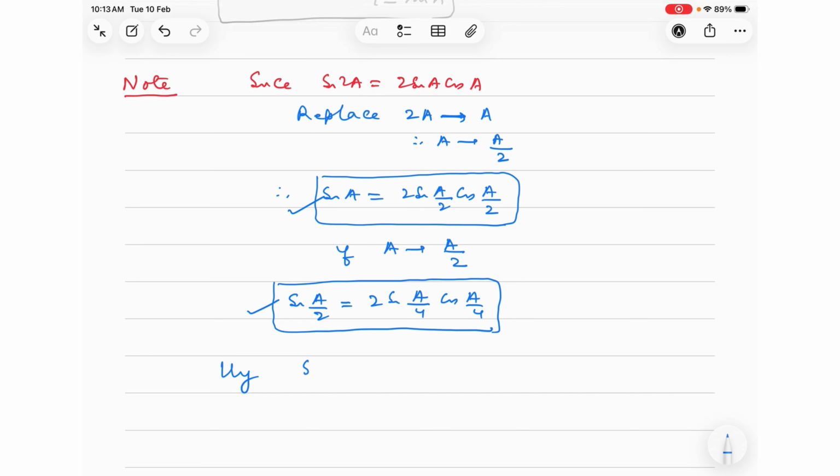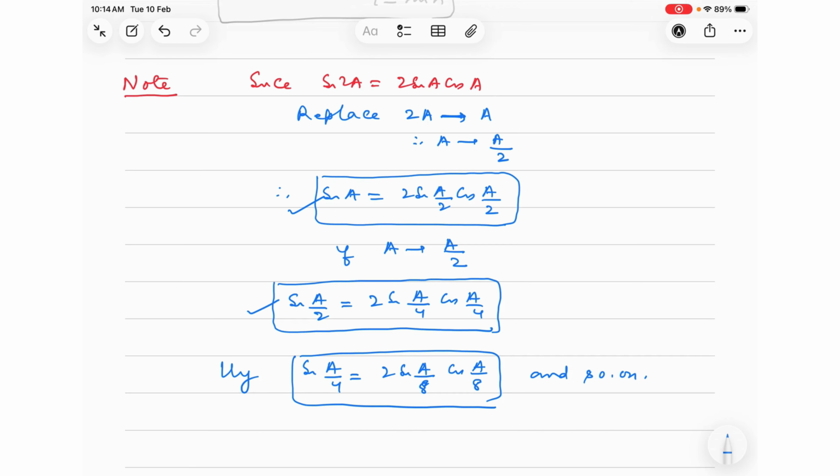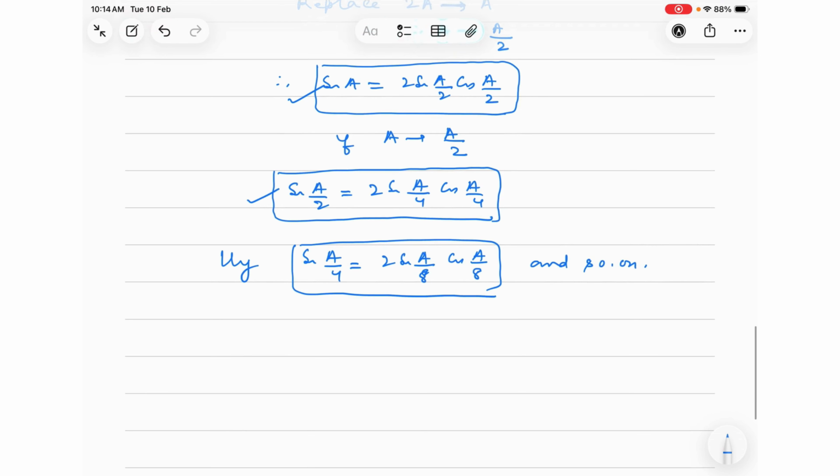Similarly, sin A by 4 we can prove 2 sin A by 8 cos A by 8 and so on. So from here we can get trigonometric ratios of submultiple angles also.